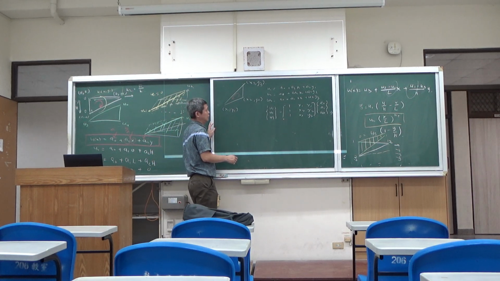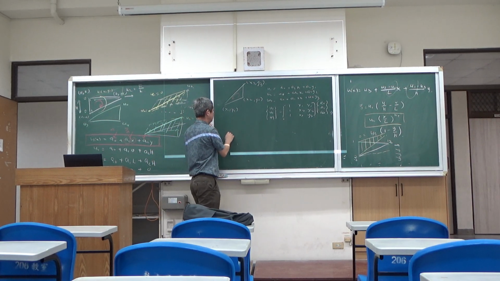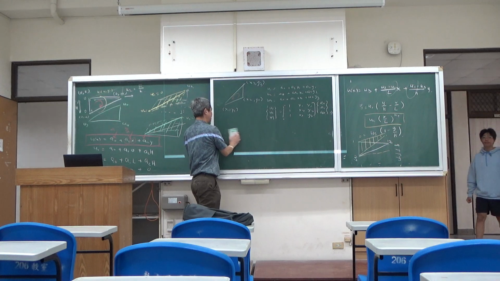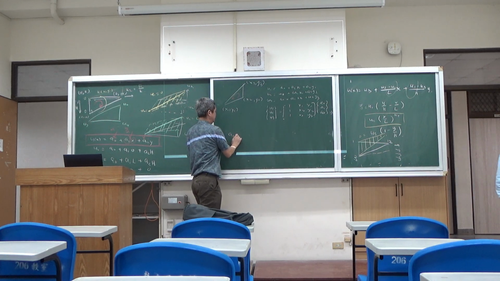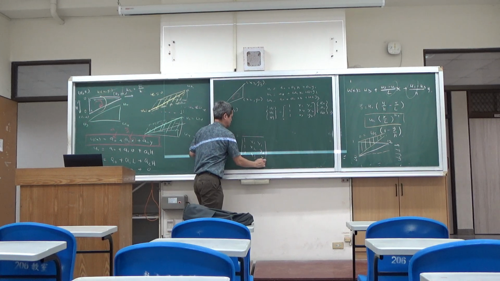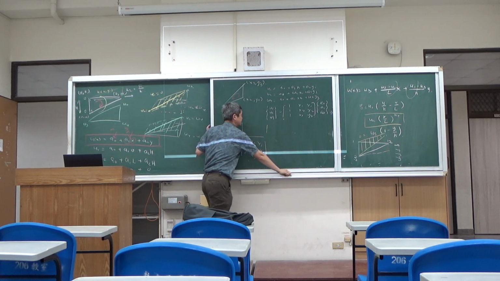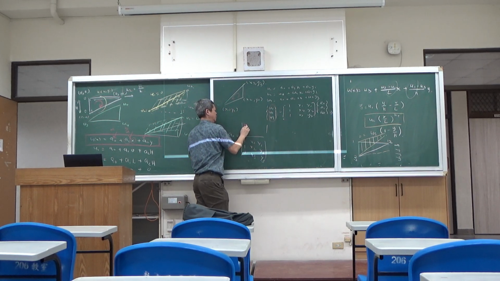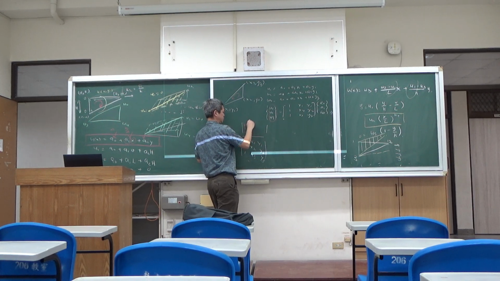And now, if you want to find A0, you obtain something like that, and then replace this with the first column.